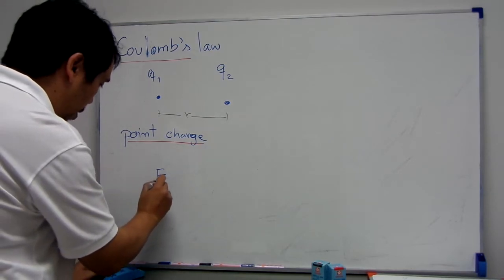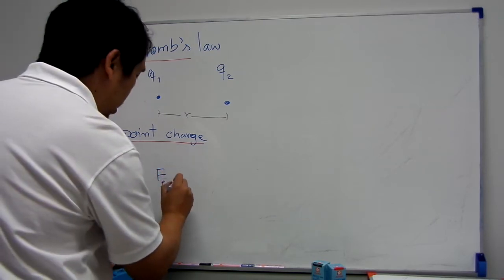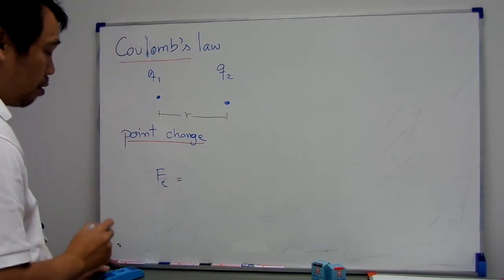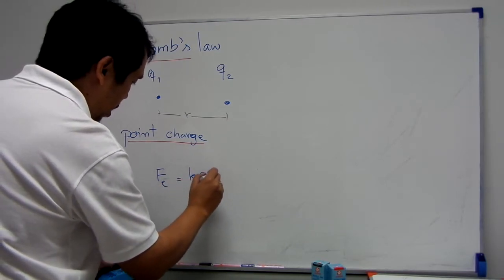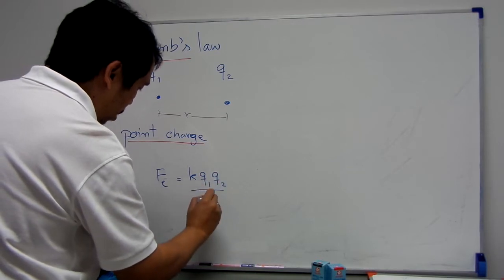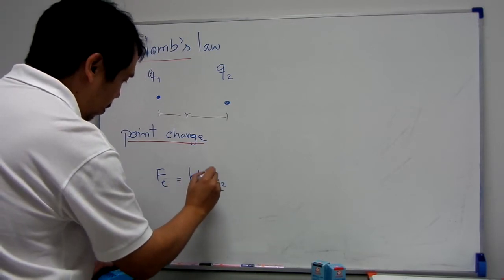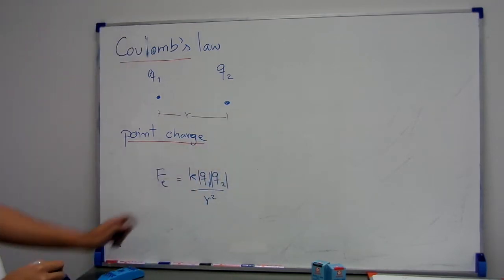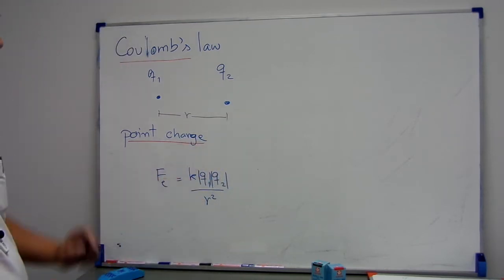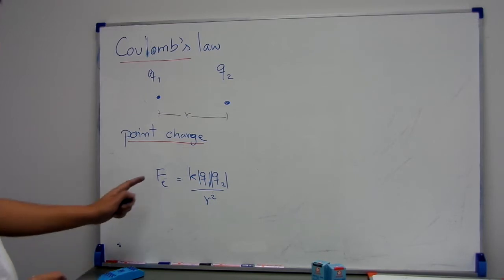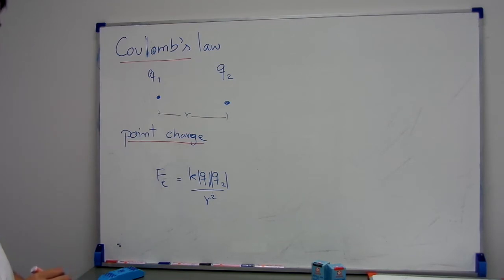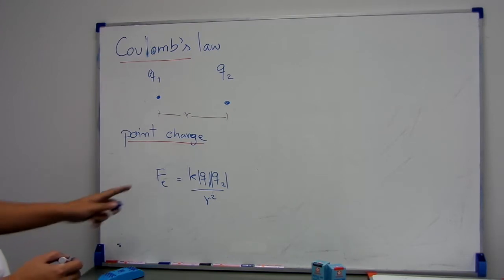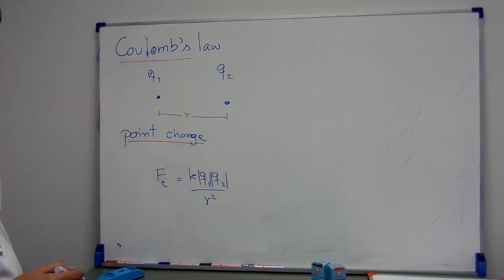The magnitude is equal to K Q1 Q2 over R squared, where Q1 and Q2 are the magnitudes of the charges. This is the magnitude of the force between these two charges, and R is the distance between these two charged objects. We call this Coulomb's law.